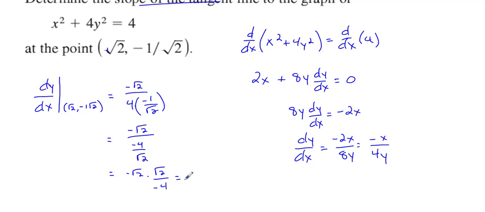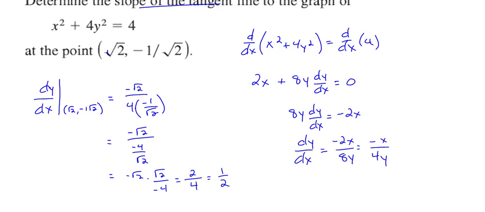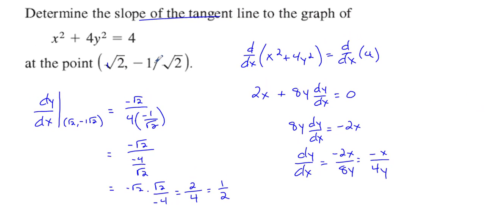Negative divided by negative is a positive. Root 2 times root 2 is 2, and 4 on the bottom. And then we get 1/2. So the slope of the tangent line at the point root 2, negative 1 over root 2 is 1/2.